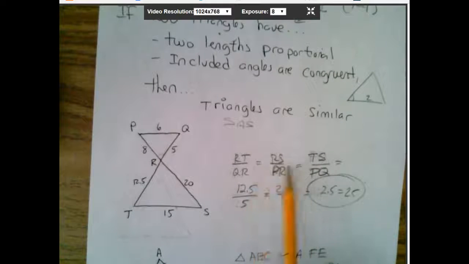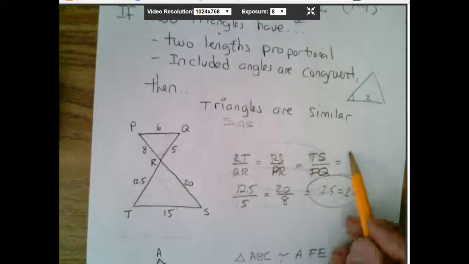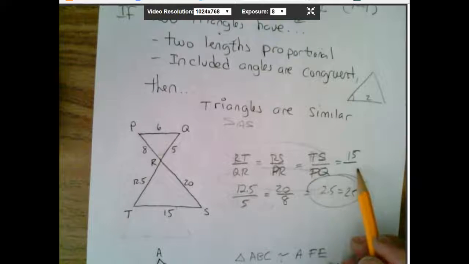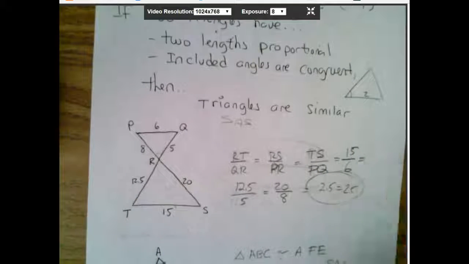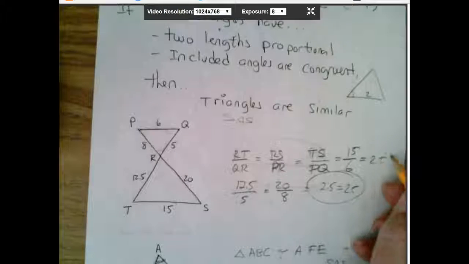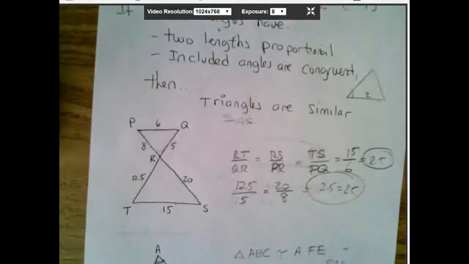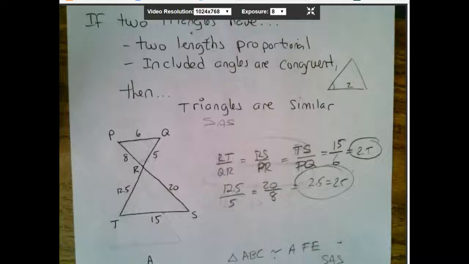You've got to make sure of that: one triangle has to be on top and the other on the bottom. If you confuse them, you'll get wrong numbers. Here we have 15 for TS and 6 for PQ, and hopefully we get 2.5 out of that. It looks like we will. 15 divided by 6 is 2.5. So that's a side, side, side. And that's your notes. Add these to your notebook. We'll do a couple example problems in class, and I'll see you then.